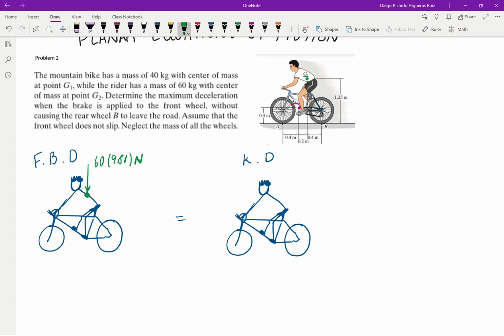That's the weight of that guy produced by gravity. But we are also going to have another weight, which is the weight of the bike, which is 40 kilograms times 9.81, and that's in newtons. All right.